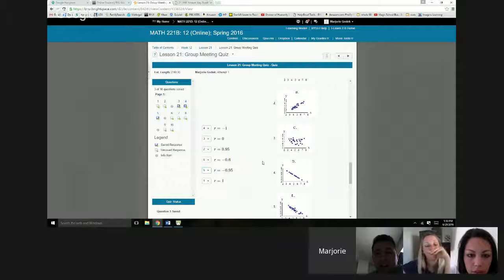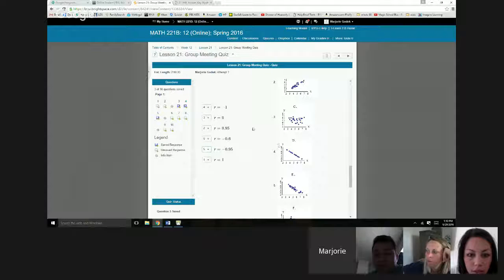Yeah, that's it, right? Okay, let me look at Marjorie's again. I have the R equals 0 is 3. Our pictures are the same, but they're different on the other side. I think this is what's switched around. So if the R equals -0.6, which one is that one? That one's 6.